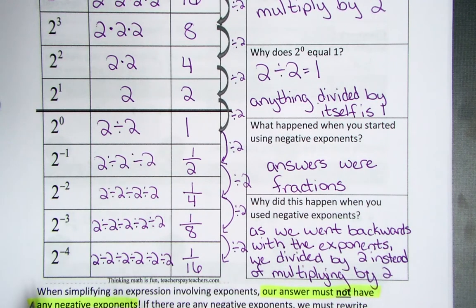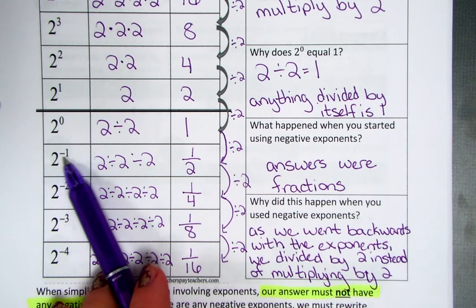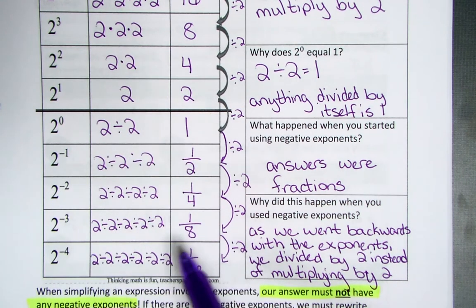So see if you can figure out what the pattern is when you have a negative exponent without writing out the whole table.